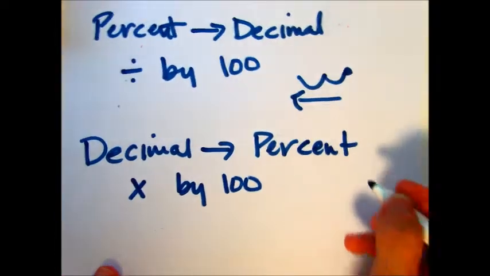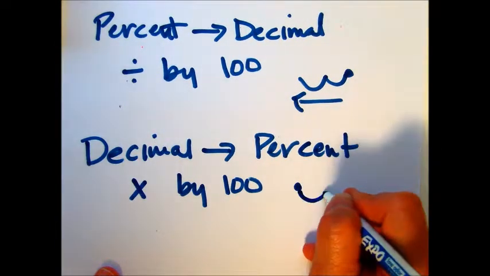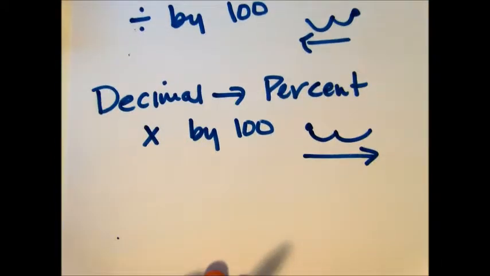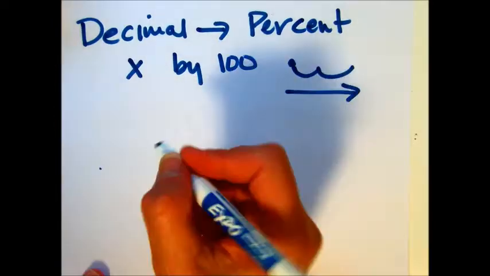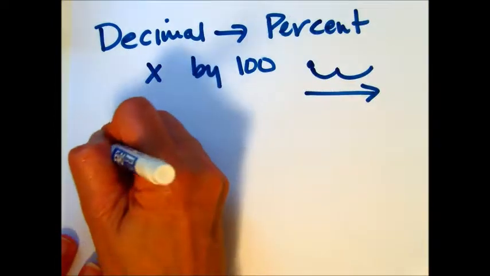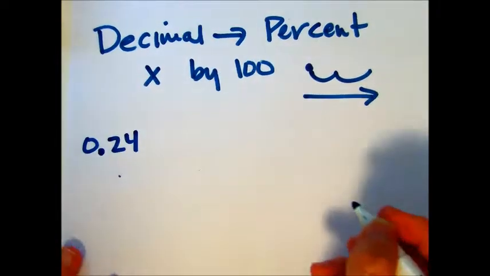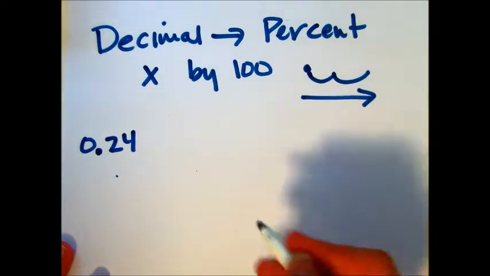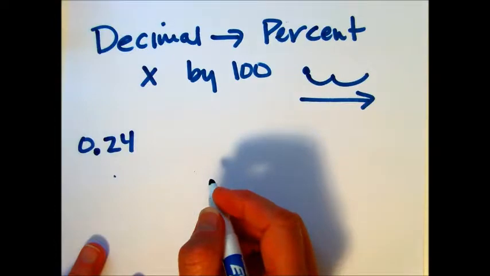And as a shortcut, that's going to allow us to find the decimal place and then go to the right. Okay? And I'm going to give you some examples. All right, so say we have 24 hundredths written as a decimal. Okay, and I'm going to do the long way just so you understand why this is working. And then, of course, we'll revert to the shortcut.